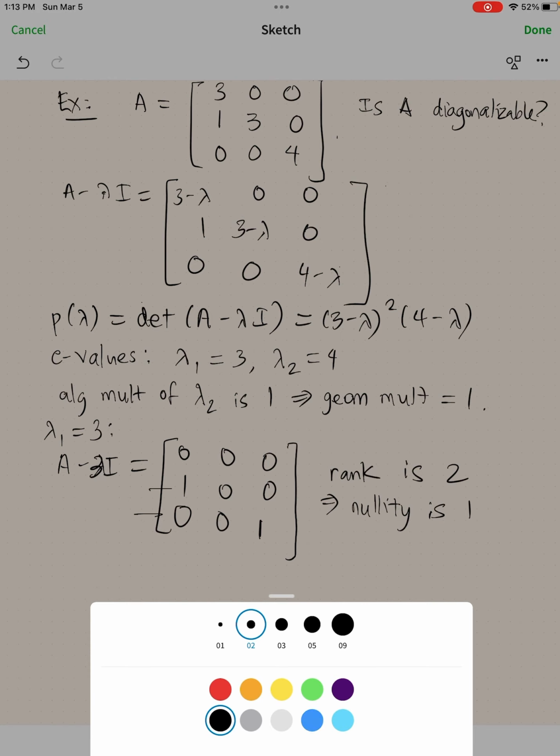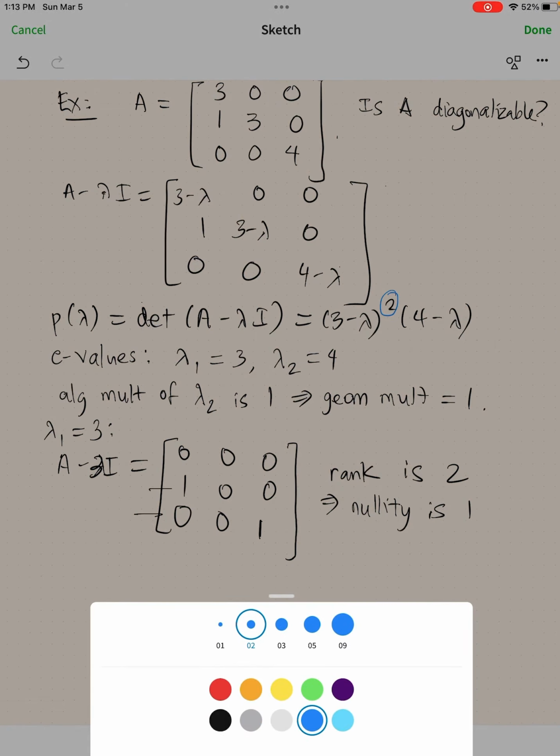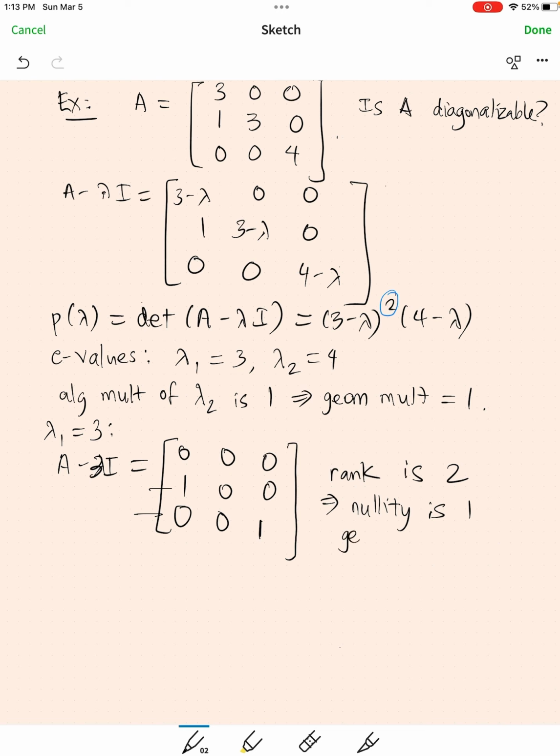Because the algebraic multiplicity of lambda 1 is 2. But we found that the geometric multiplicity is 1. The dimension of the 3 eigenspace is 1.